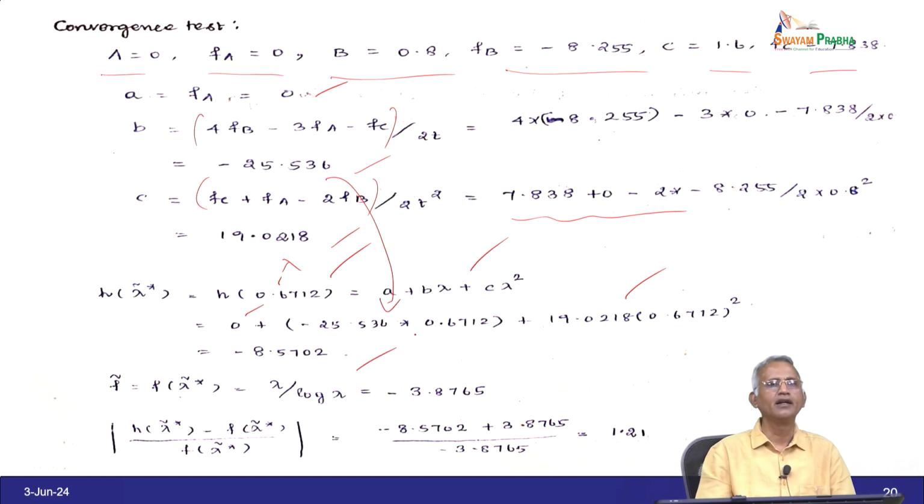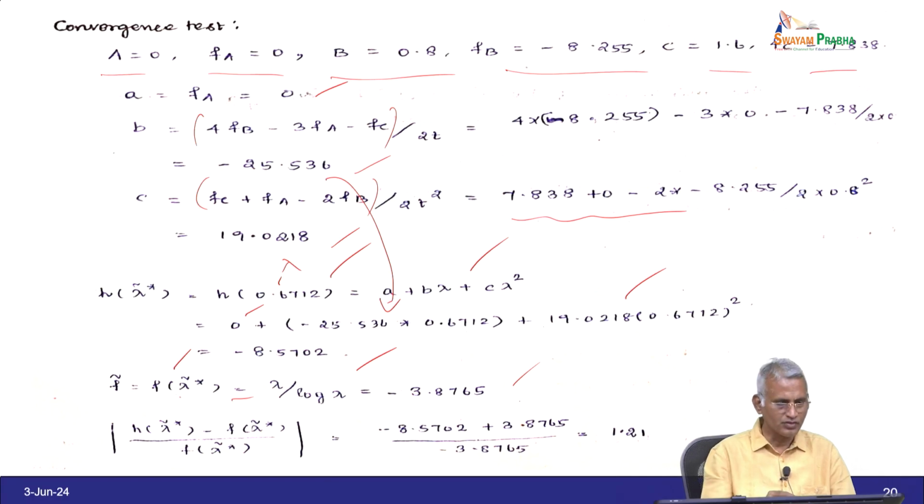Simplify, you have minus 8.5702, and now f tilde equal to f of lambda star tilde, which is equal to lambda by log lambda. Lambda is 0.6712 by log of 0.6712 equal to minus 3.876.